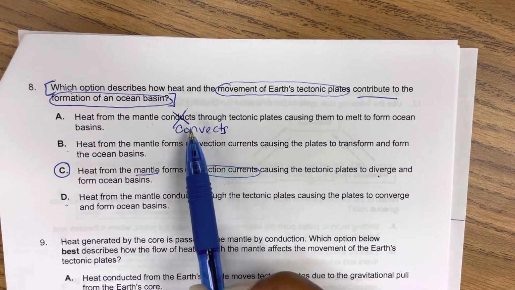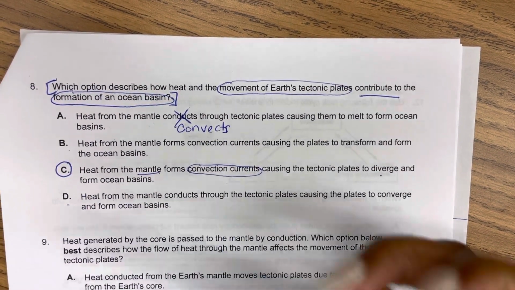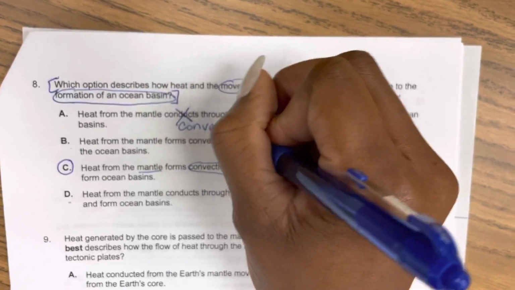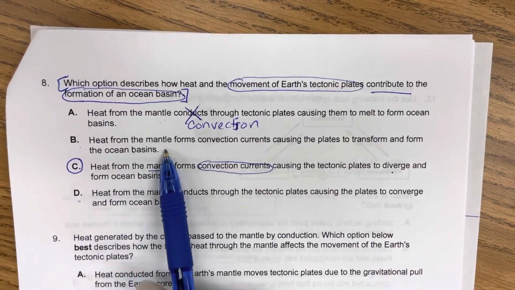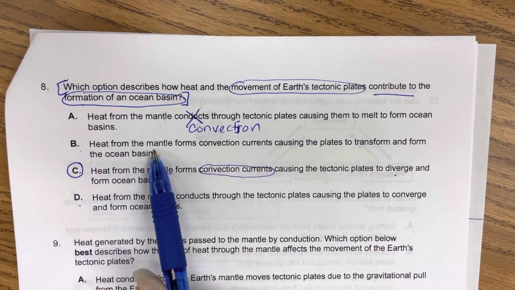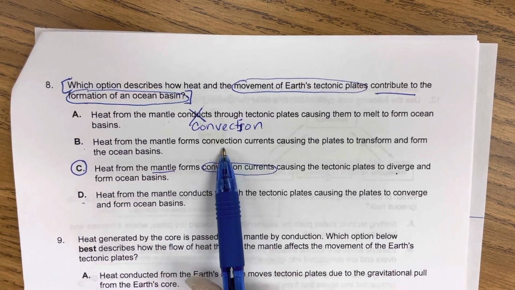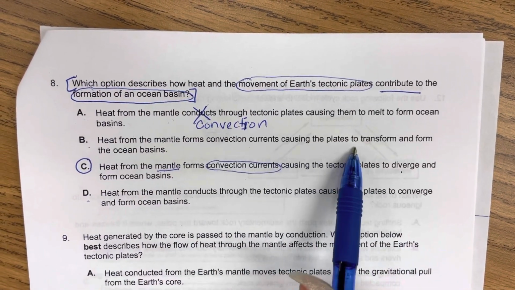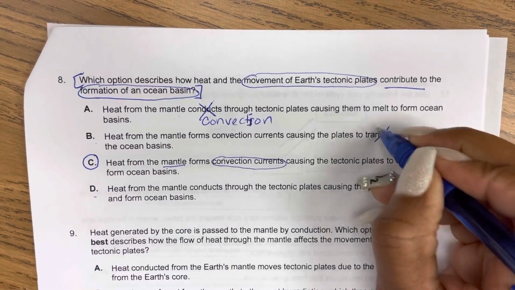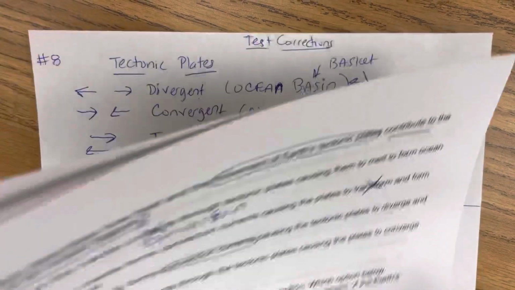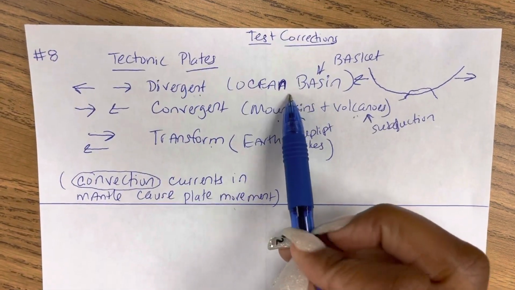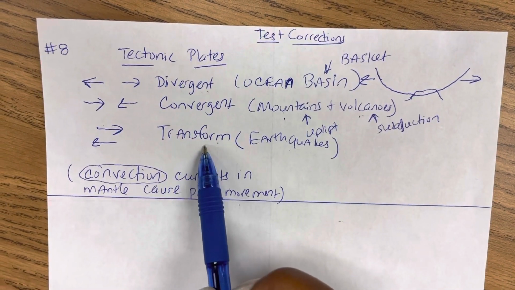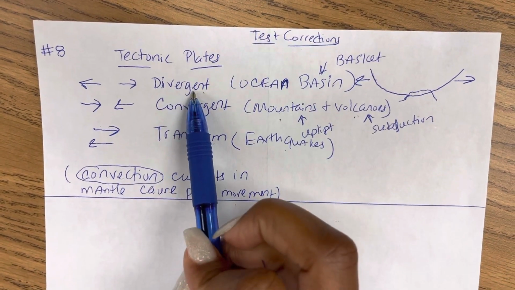So we will want them to cross this out and write convection versus conduction. B states, heat from the mantle forms convection currents, which we like, causing the plates to transform. We just said in our notes that in order for an ocean basin to form, transform boundaries don't occur, but divergent boundaries occur.